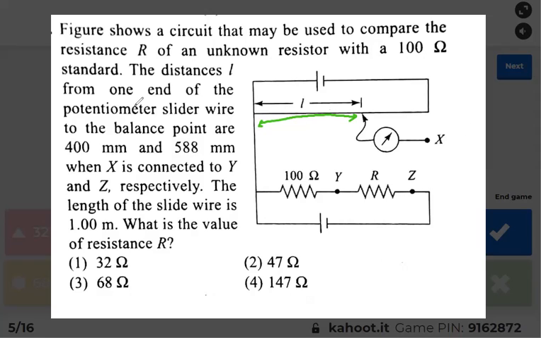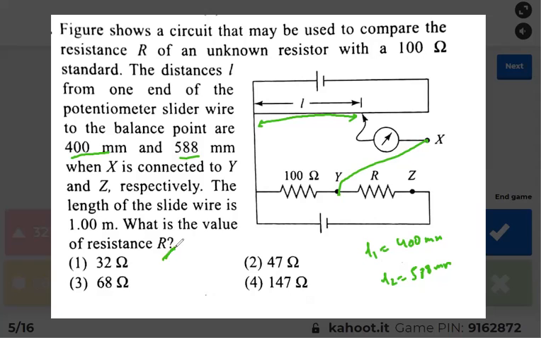The balance points are 400 millimeter and 588 mm. So L1 is 400 mm and L2 is 588 mm. When X is connected to Y, ये connect हो गया. The length of the wire is 1 meter, so this is actually a meter bridge. What is the value of resistance R?